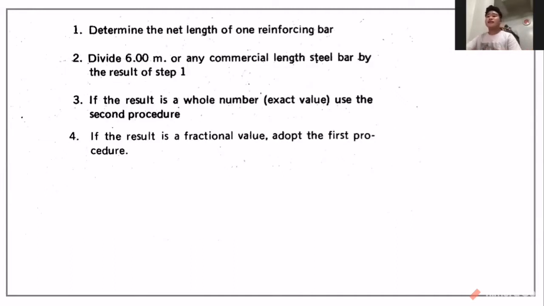First is to determine the length of one reinforcing bar. So after determining the net length, we will divide 6, or any commercial length of steel bar, by the result of step 1. So this 6 meter is dependent only on the commercial length of the steel bar.